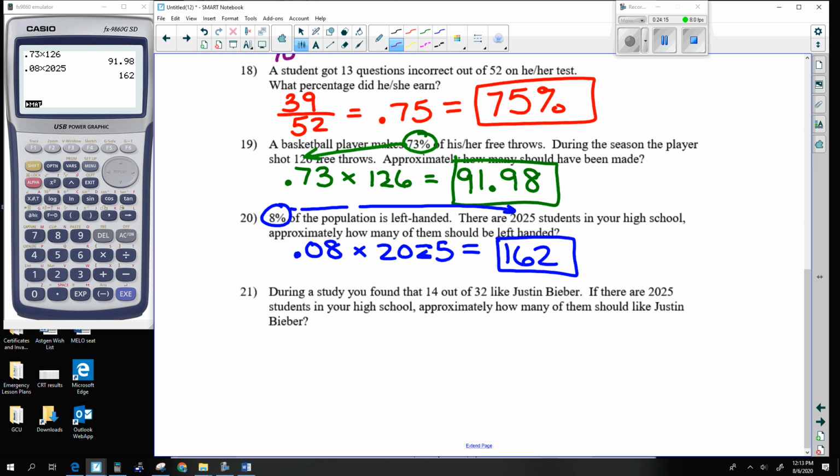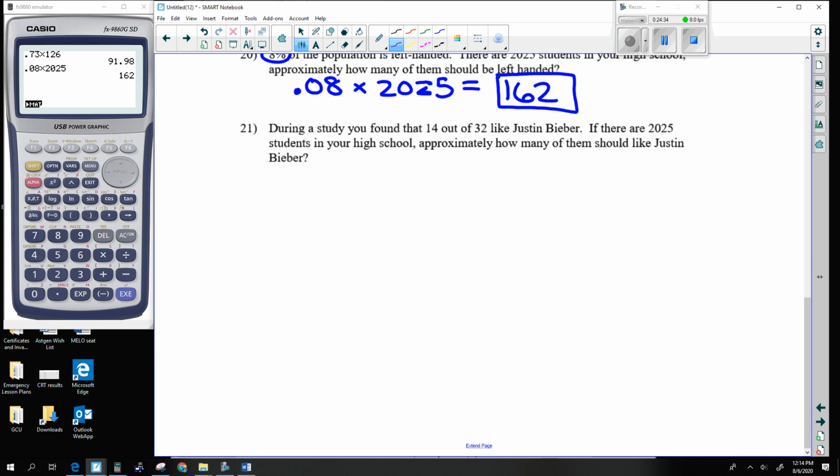Looks like the last question. During a study, you found that 14 out of 32 like Justin Bieber. If there are 2,025 students in your high school, approximately how many of them should like Justin Bieber? So this is a question where we have to do both things.